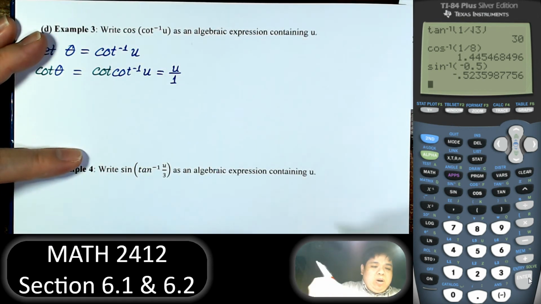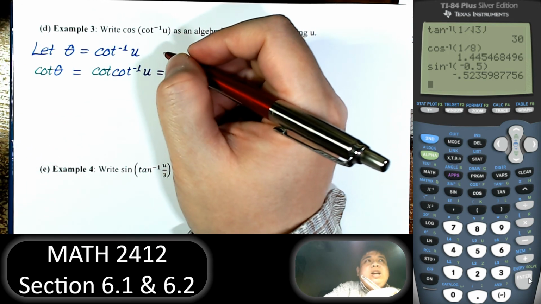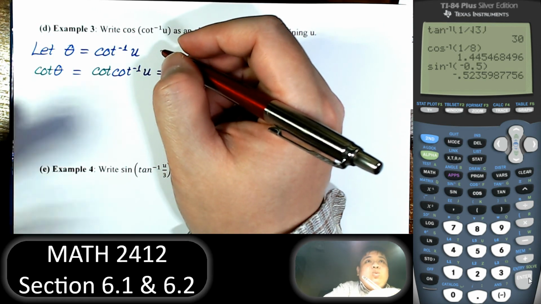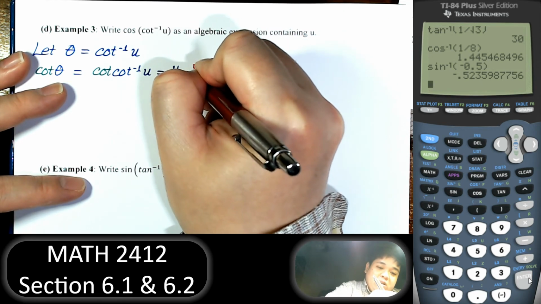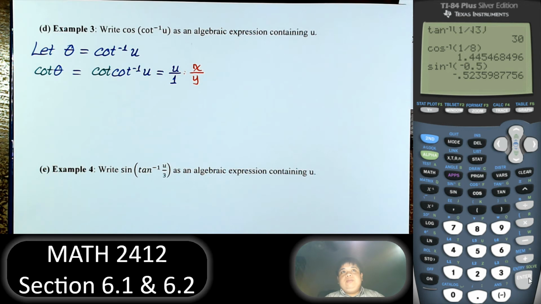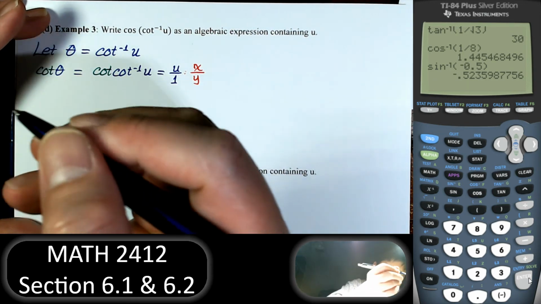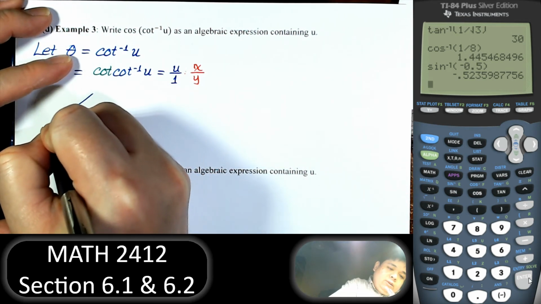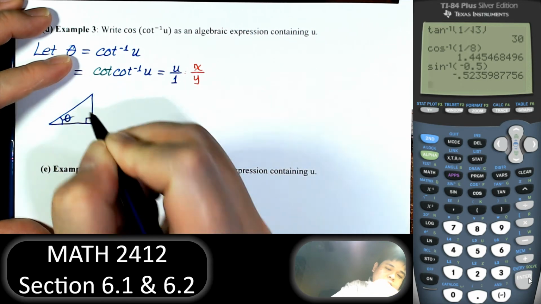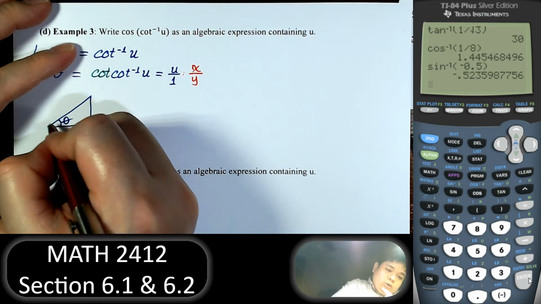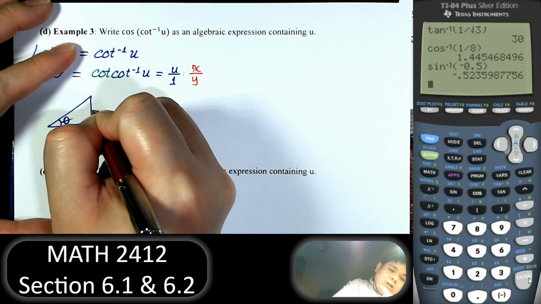What is the ratio for cotangent? Cotangent is 1 over tangent. Tangent is y over x, so cotangent is x over y. So in this case, we'll let x equal u and y equal 1.